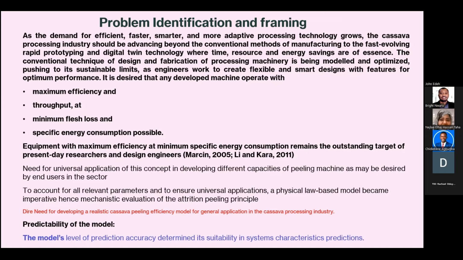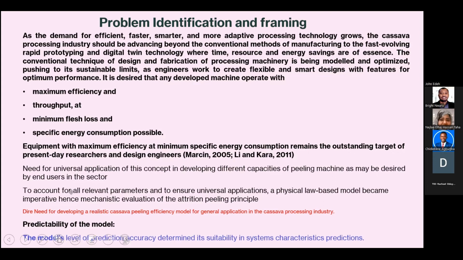Any equipment with maximum efficiency at minimum specific energy consumption remains the standing target of present-day researchers and design engineers. This machine also needs to be versatile. You need to peel cassava of all shapes and all ages and maturity, which we have found out are intervening variables in the development of the system.